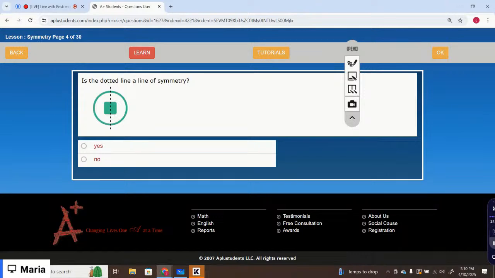Is the dotted line a line of symmetry? Yes, it is a line of symmetry. Option number one is the correct option.